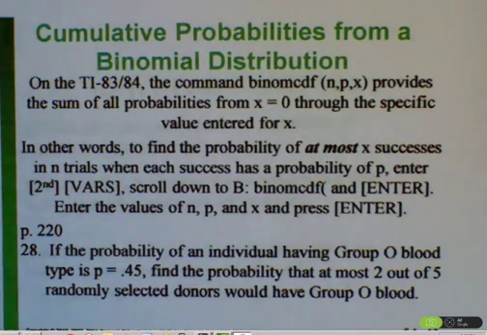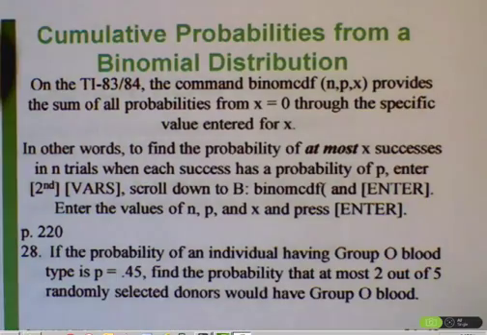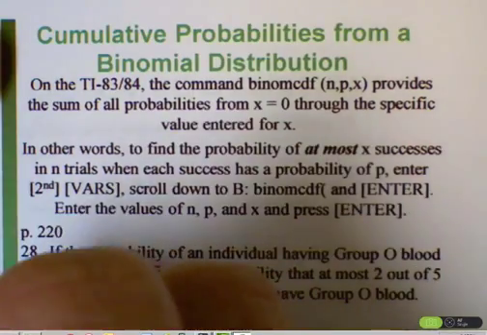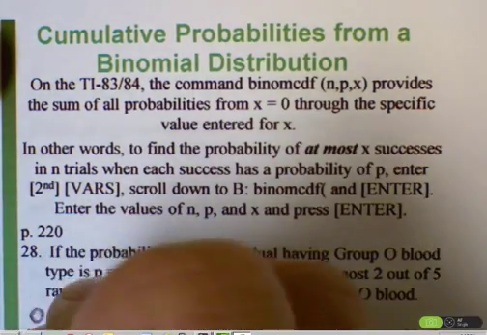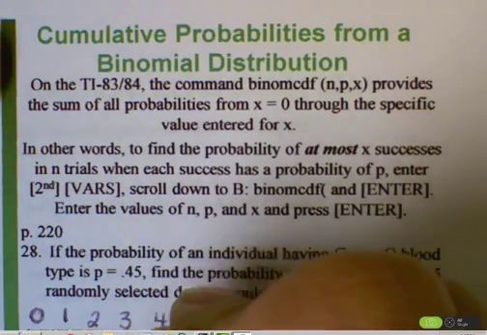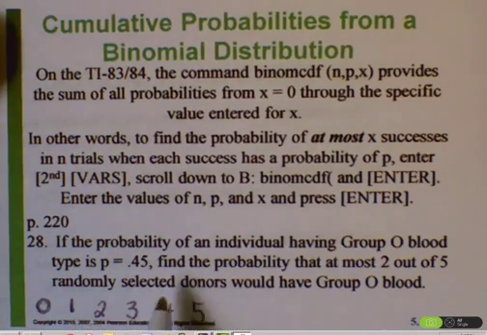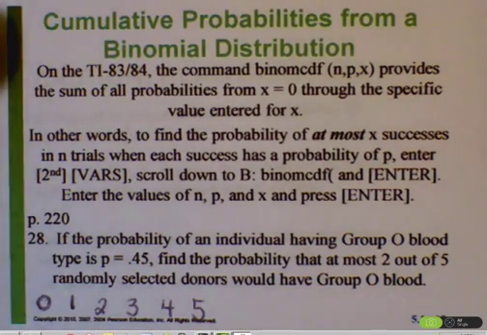For example, if the probability of an individual having group O blood type is 0.45, find the probability that at most 2 out of 5 randomly selected donors would have group O blood. If I selected 5 people and asked how many of them have group O blood, the answers would be either none of them do, or all of them do, or somewhere in between.